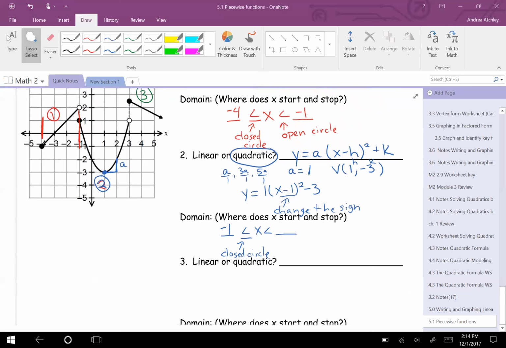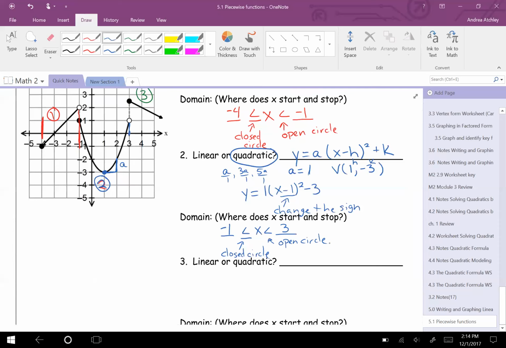Brooke. Okay, it's ending at 3 for the x value. Right there at 3. Okay, can it equal it? No, and why not? It's an open circle on that 3. Any questions over that?